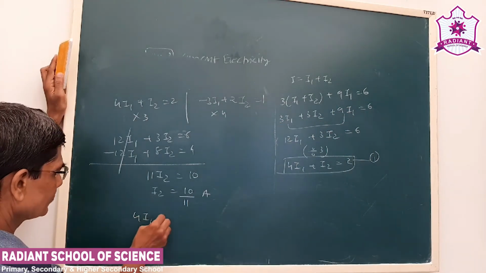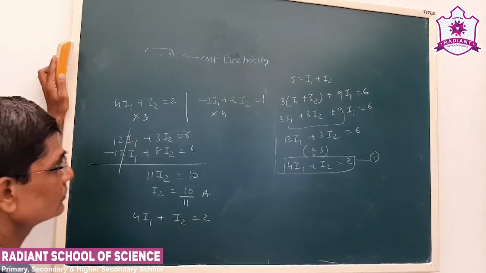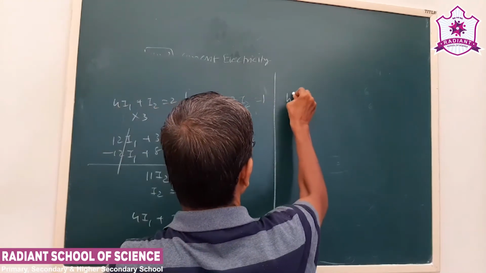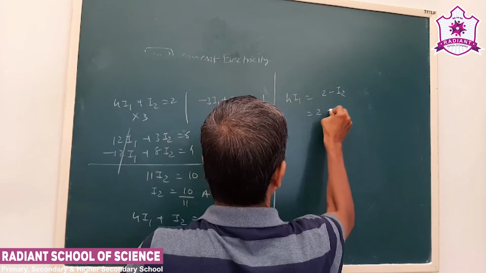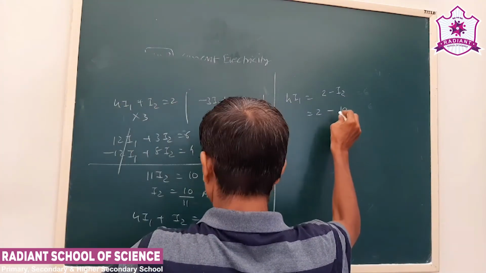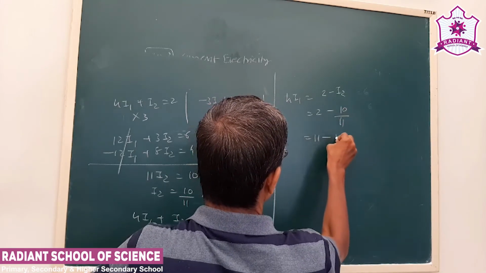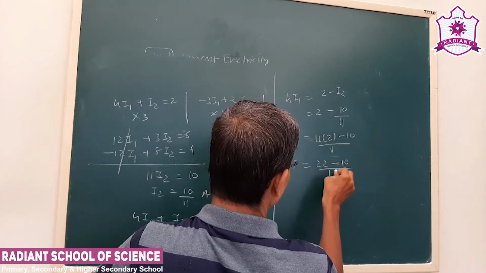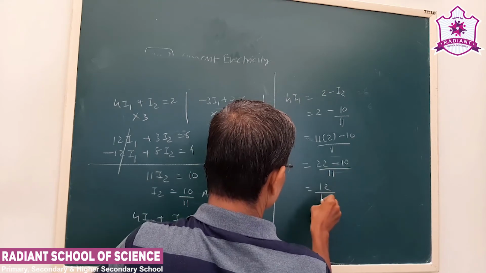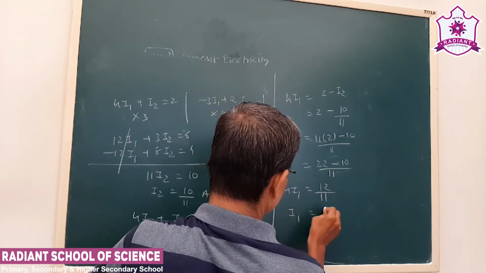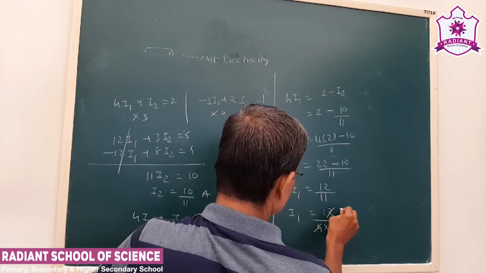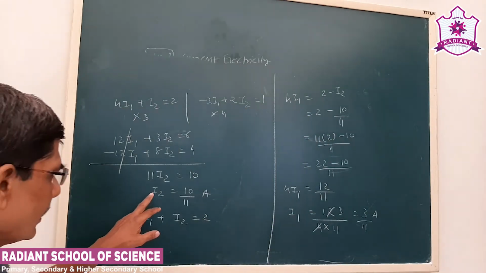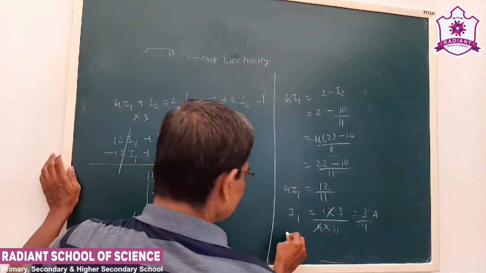So this is 4I1 plus I2 is 2. So 4I1, the I2 value we have obtained is 10 by 11. Now see, I2 is 10 by 11, I1 is 3 by 11.